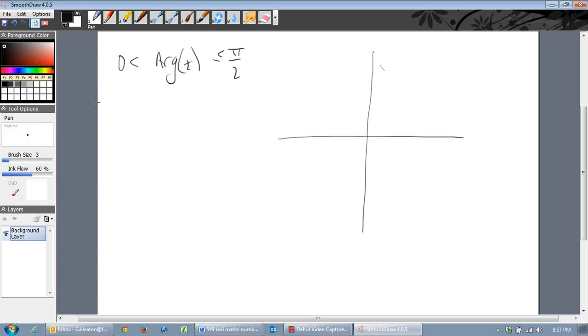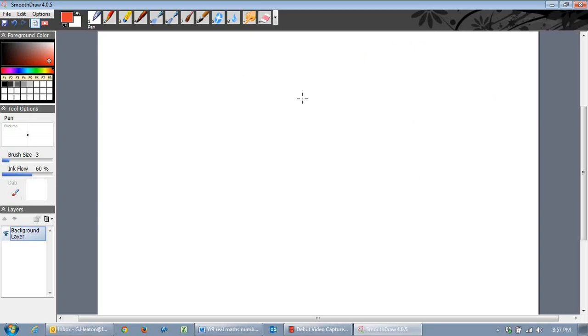I'll do it in different colours so you can see. So it's going to include this line, but not that line, so I'll do a dotted line along there. It's any z that has an argument between there and there, so it's everything in that region, out to infinity. You don't draw that in, but it's all of this stuff there, including that line, not including that line. So that's a couple of argument ones.